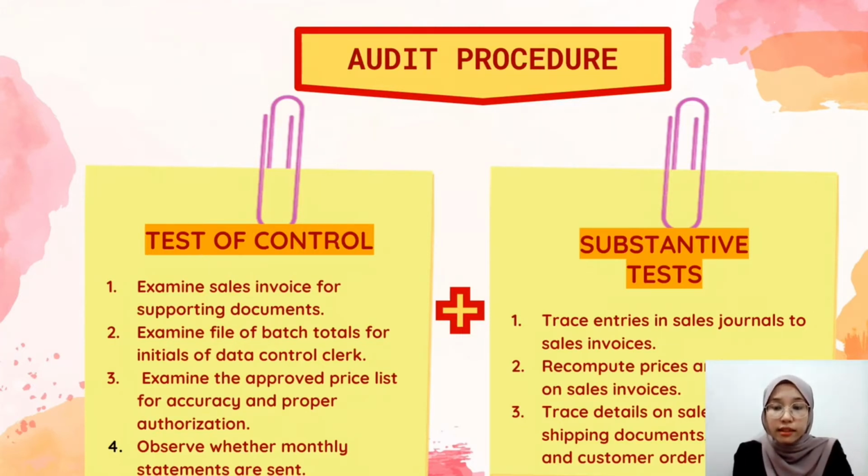For substantive tests, firstly, trace entries in sales journal to sales invoice, then recompute price and extensions on sales invoice. Lastly, trace details on sales invoice to shipping documents, sales order, and customer order.